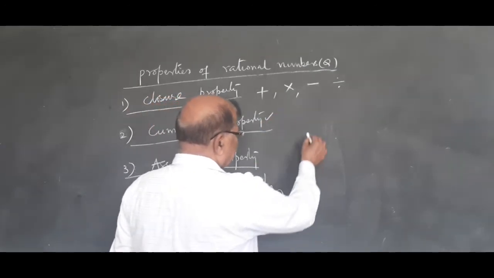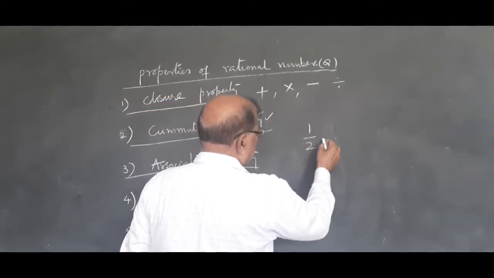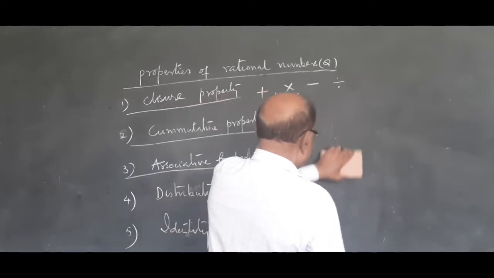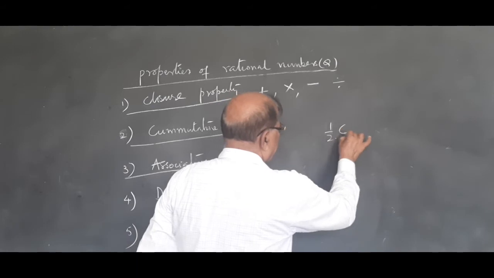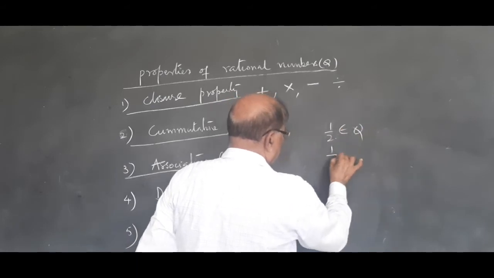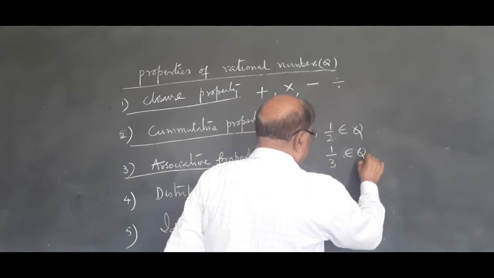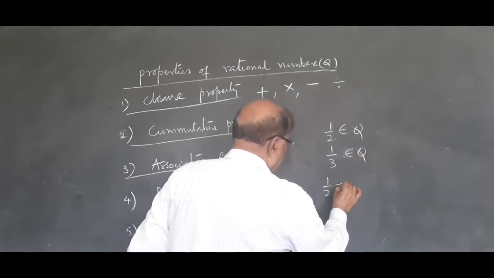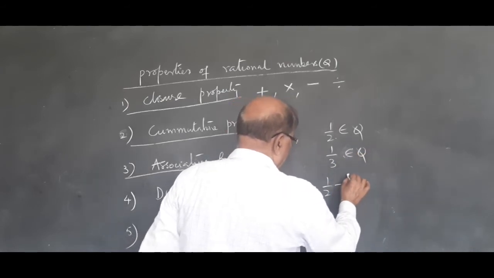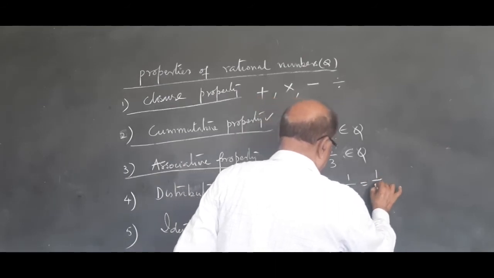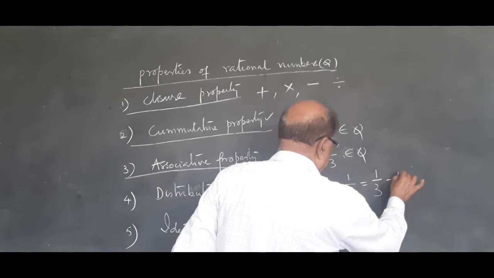Let us see subtraction. 1 by 2 minus 1 by 3. So let us take 1 by 2 belongs to Q, 1 by 3 belongs to Q. So 1 by 2 minus 1 by 3 is equal to 1 by 3 minus 1 by 2.